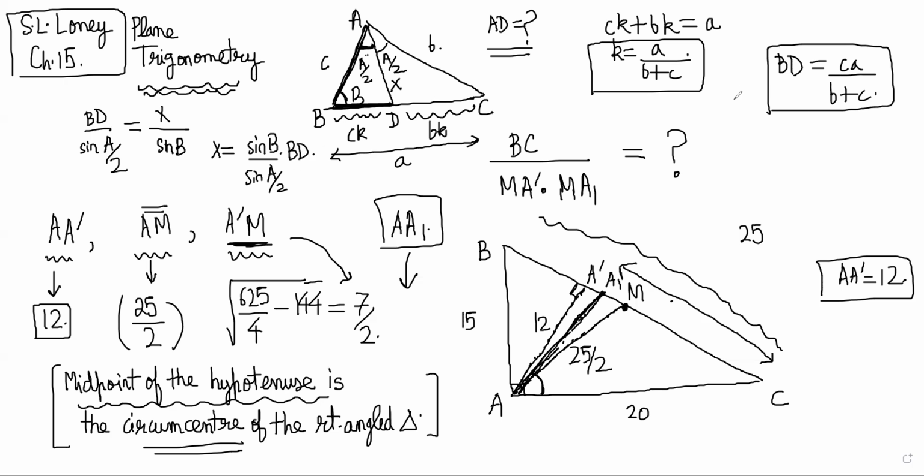And now BD you have to use from here and simplify sine B by sine A by 2. If you do a little simplification, you will get the formula. So the formula here, finally, after simplification, X is equal to 2bc by b plus c cos A by 2.